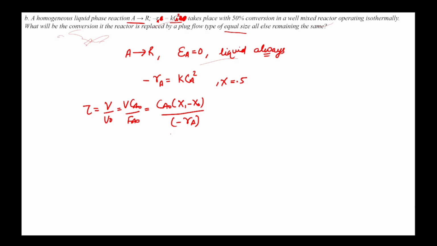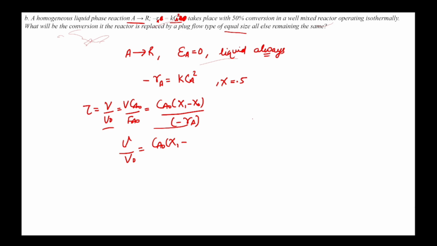So this is the performance equation of CSTR. Now V upon V naught is equal to CA naught (x1 minus x naught) upon -rA. x naught is the conversion at the inlet of the reactor, and almost every time it is 0.